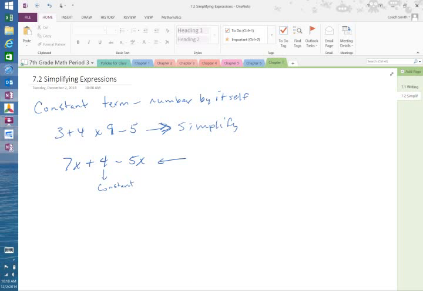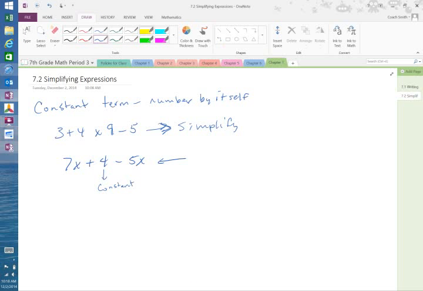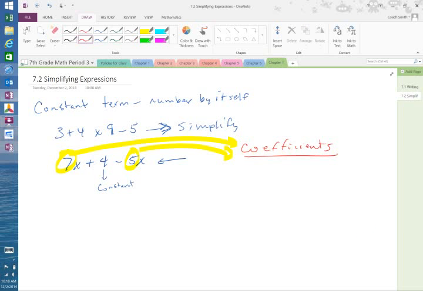The 7 and the 5 are what we call coefficients. A coefficient is a number that is in front of a variable.